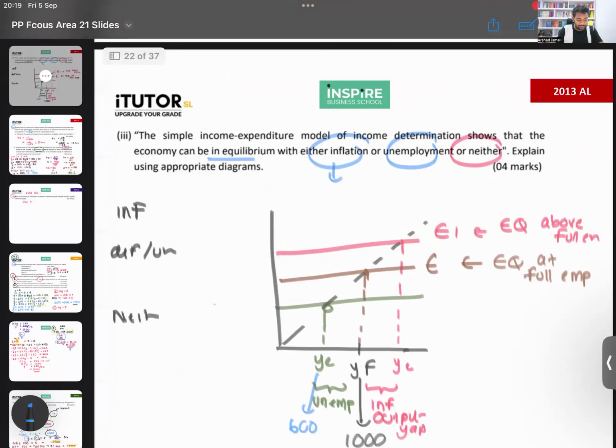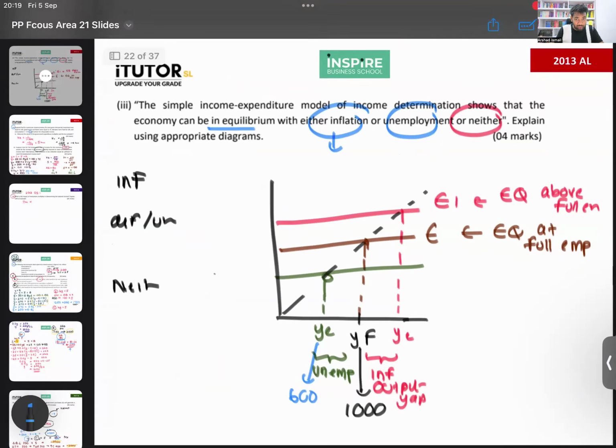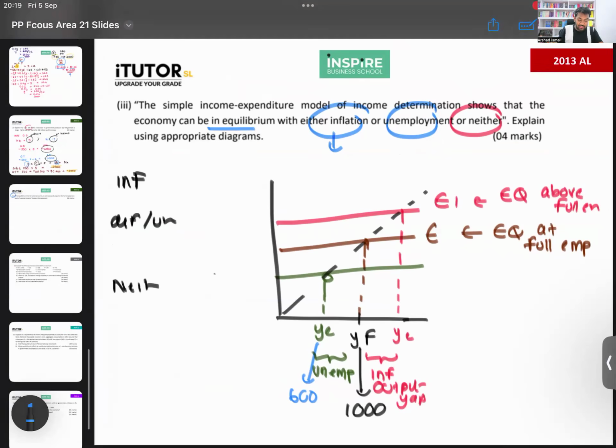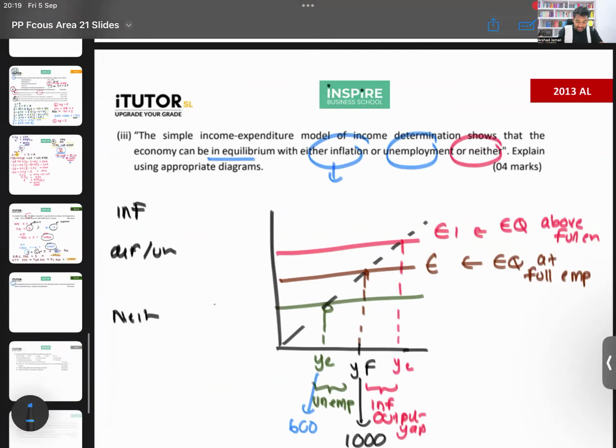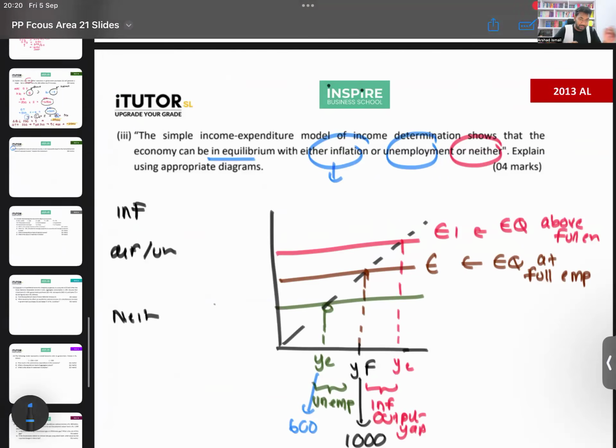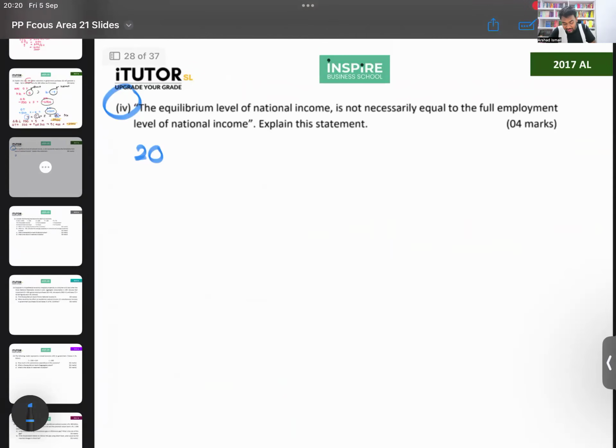You can be at equilibrium either above full employment or below full employment. So you have to explain the inflationary and unemployment output gap story. That is exactly the same as 2013 question 5 part 3.